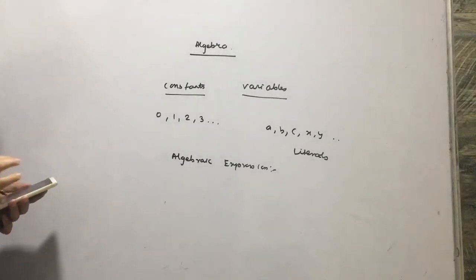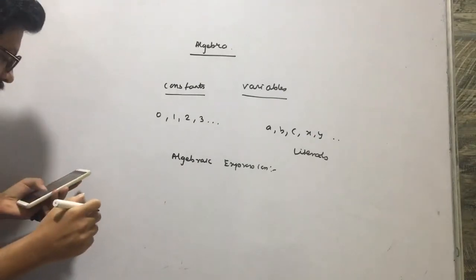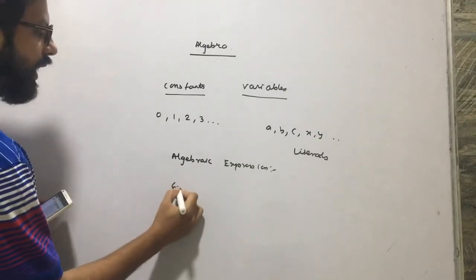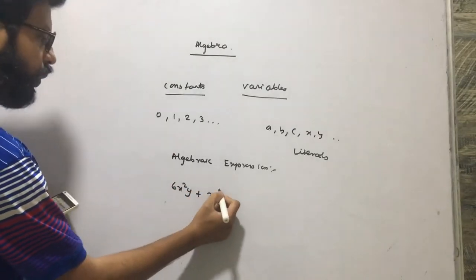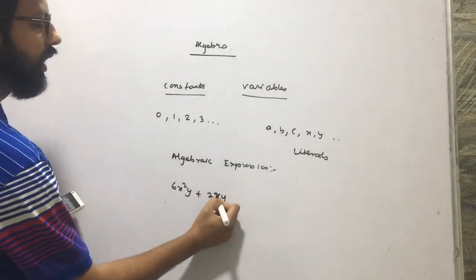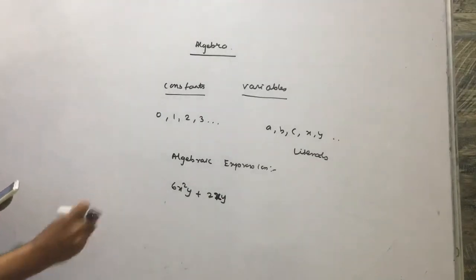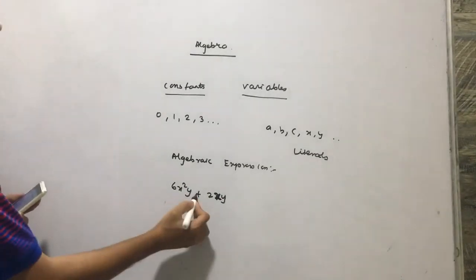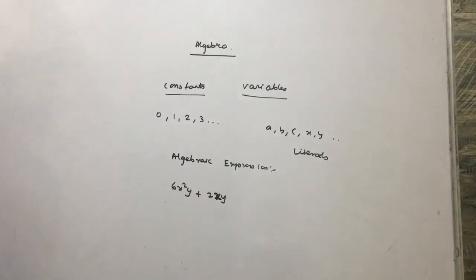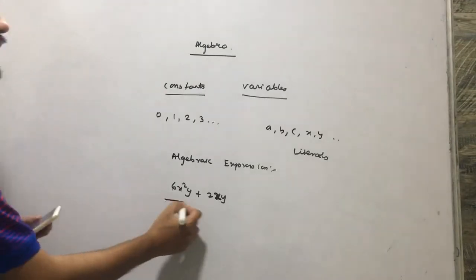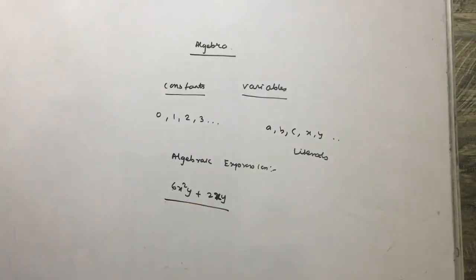For example, we can take 6x square y plus 2xy. This is an algebraic expression, since it has variables x and y, it has a constant 6, and it has a plus sign. So either plus or minus sign. Such an expression is called an algebraic expression.